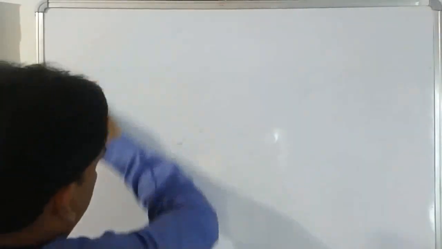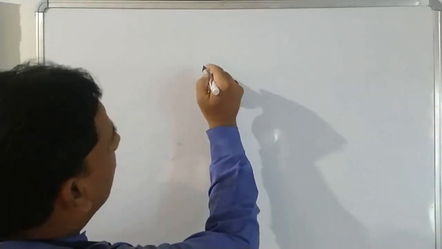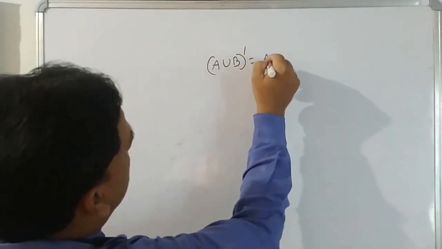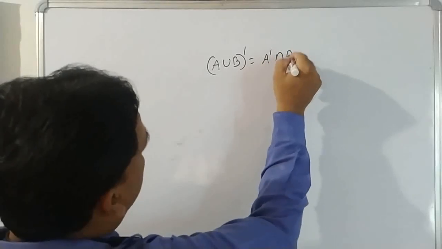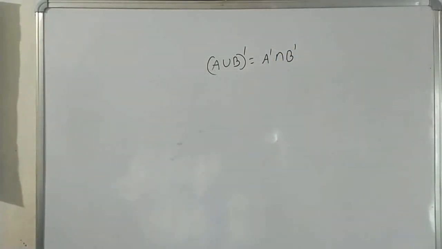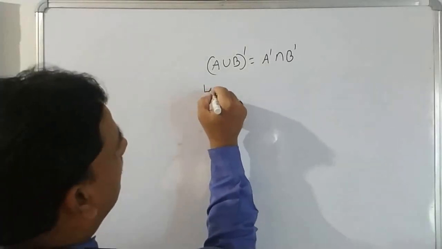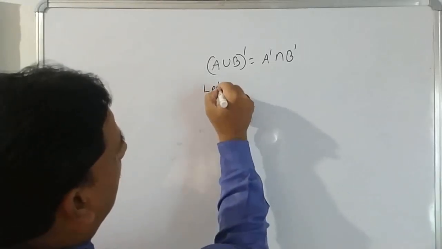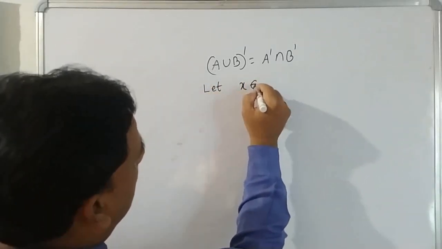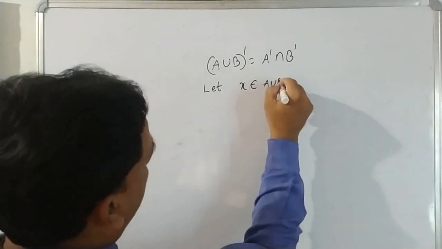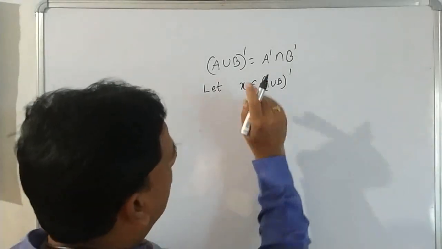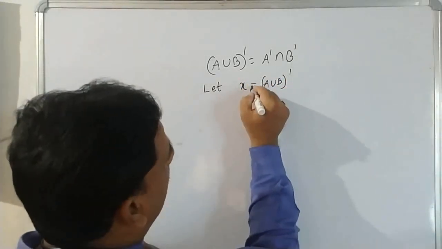Now, basing on this, sometimes you can prove like this also. For example, A union B whole dash is equal to A dash intersection B dash. You can prove like this. Let X belong to A union B whole dash. Or you can show here double implication.